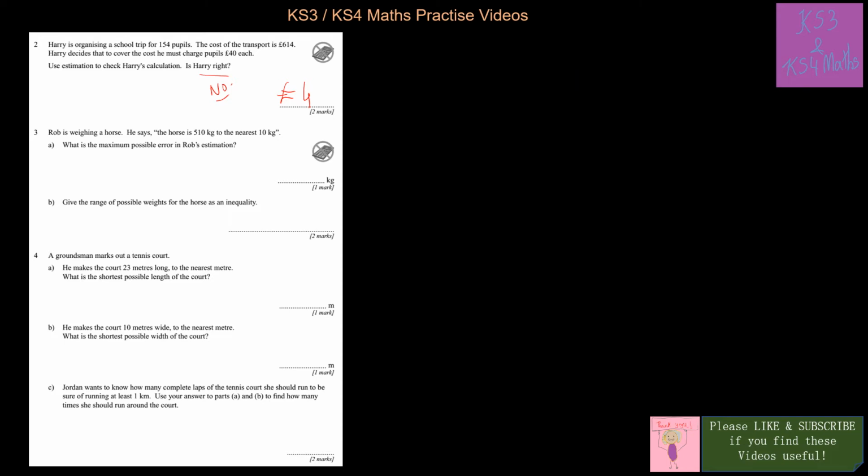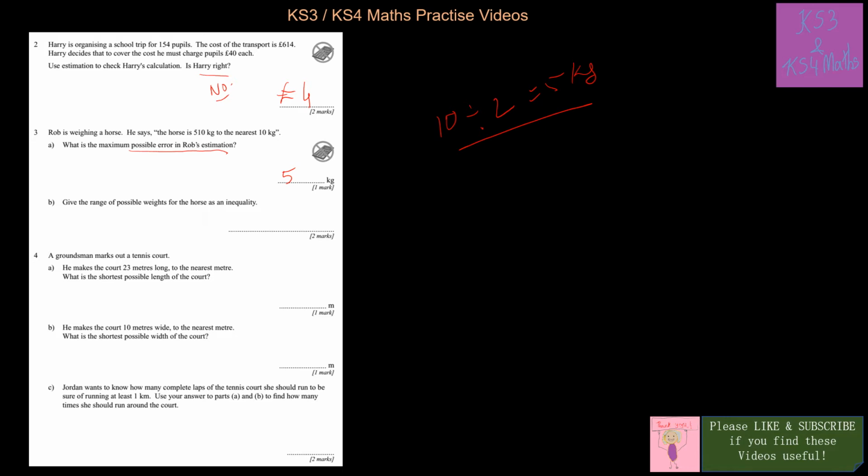So it would be 10 divided by 2, that is 5 kgs. So the maximum possible error in the estimation is 5 kg. Let me check. Yes, it should be 5 kg.